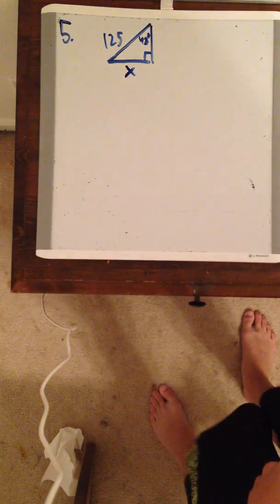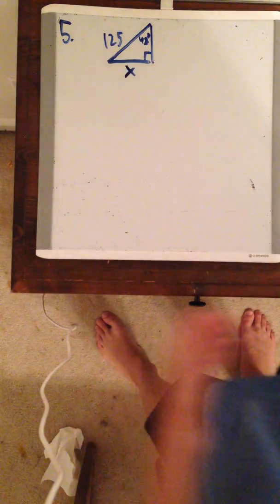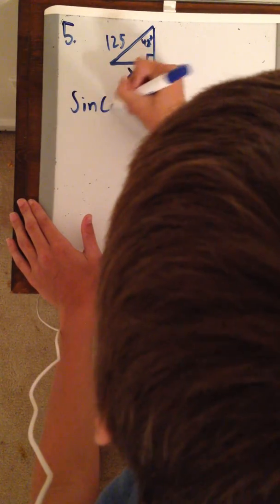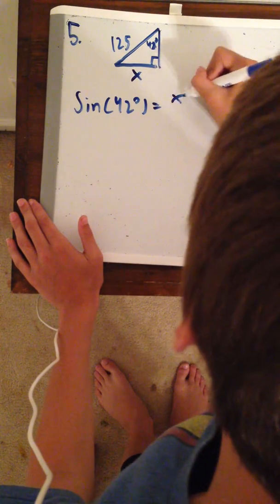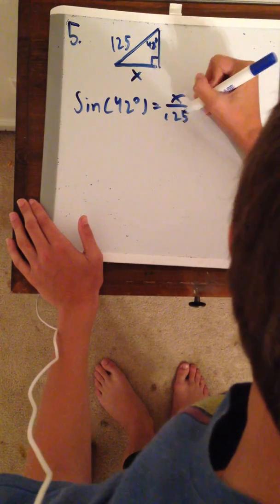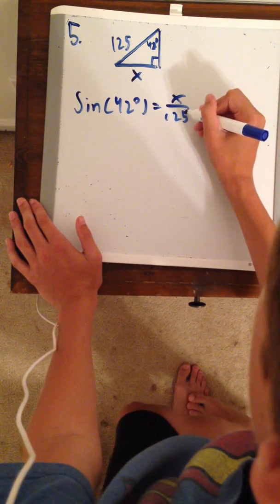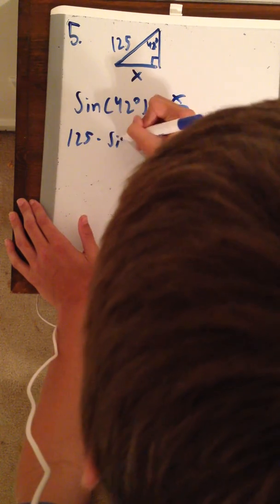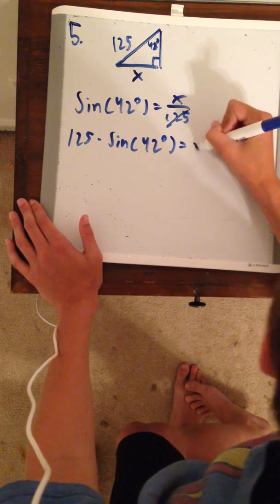So now we can use sine because we have our angle, we have opposite and hypotenuse, just like a couple other ones. So we can use sine of 42 degrees equals x over 125. And then multiply both sides by 125. Cross that out. 125 times sine of 42 degrees equals x.